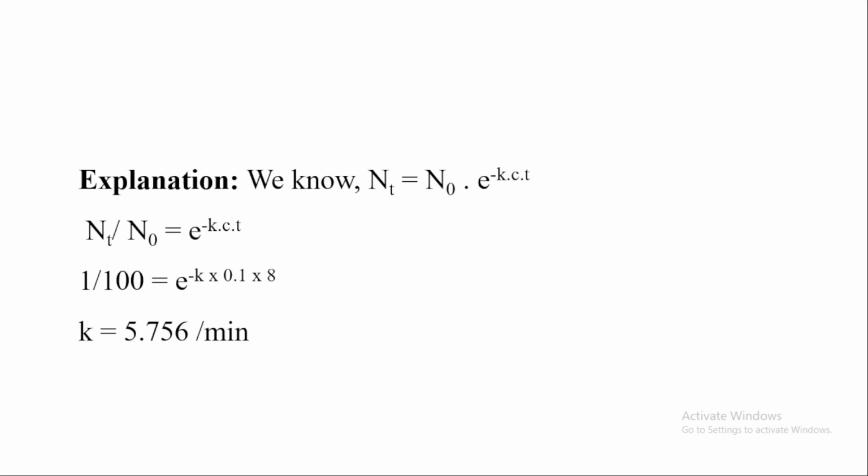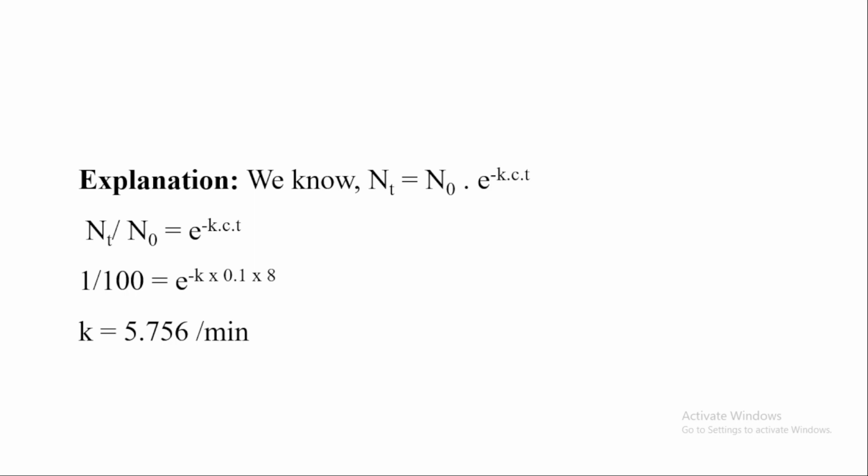Nt is the final number of bacteria, N0 is the initial number of bacteria, and t is the time taken to reach that final number of bacteria.